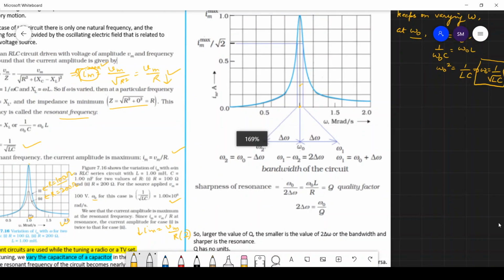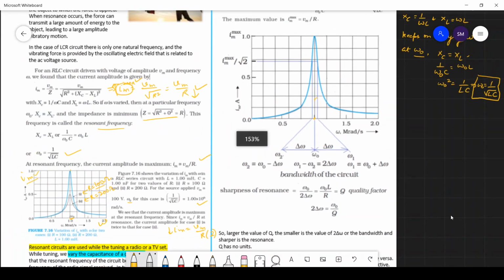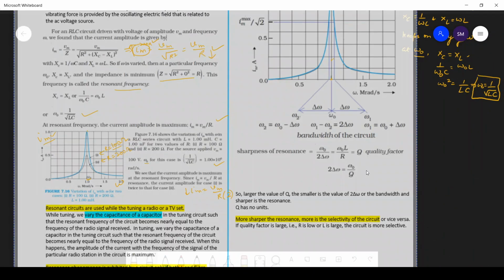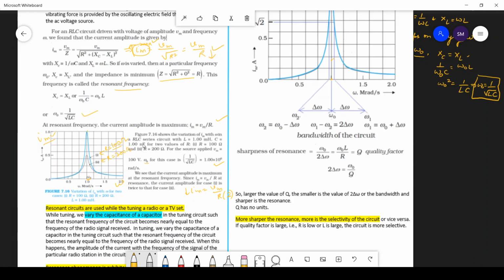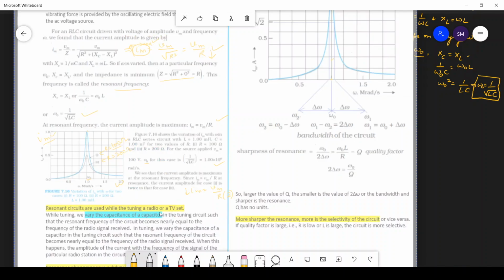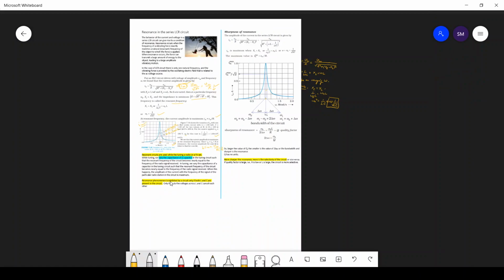So what is the use of this resonant circuit? Resonant circuits are used while tuning a radio or a TV set.